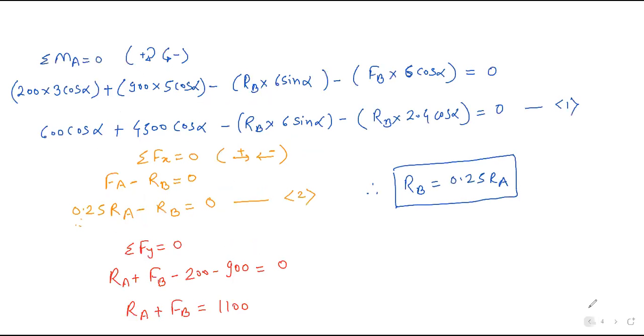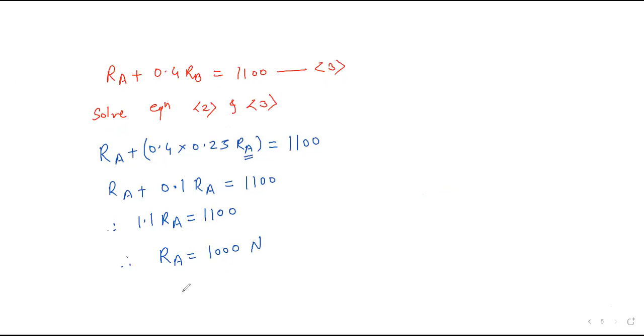Now from the value of Ra you can find out Rb. We know that from equation 2 Rb is equal to 0.25 Ra. So calculate the Rb. From equation 2 Rb is equal to 0.25 into 1000.